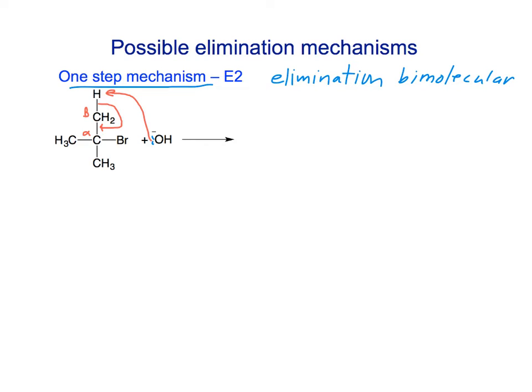That carbon can't hold any more electrons, and so the leaving group is going to be removed. So if we follow these arrows, we have this CH2 at the top at the beta position. We have a pi bond, and we still have these two methyl groups down here. We then have water, our conjugate acid of our base, hydroxide, plus bromide.